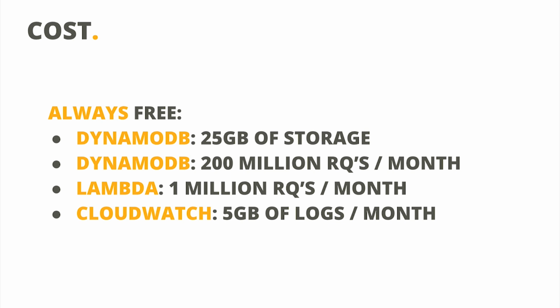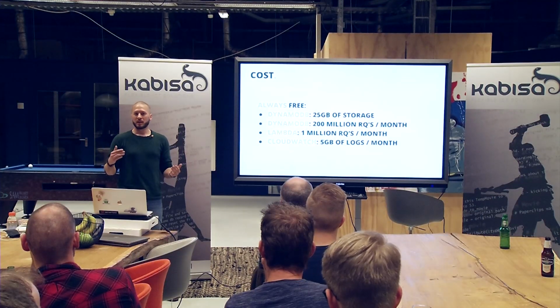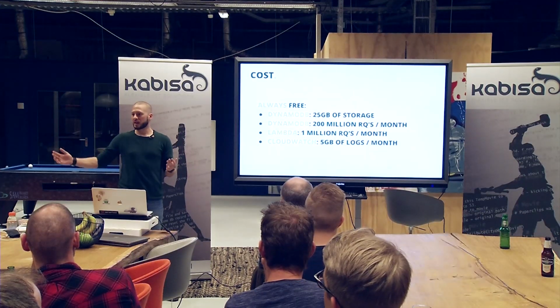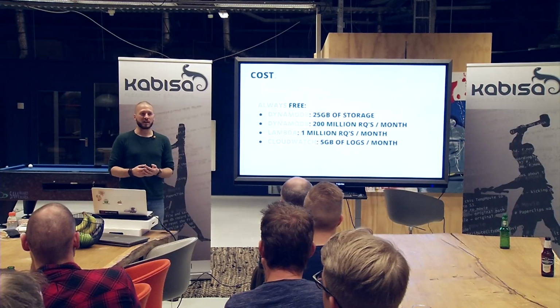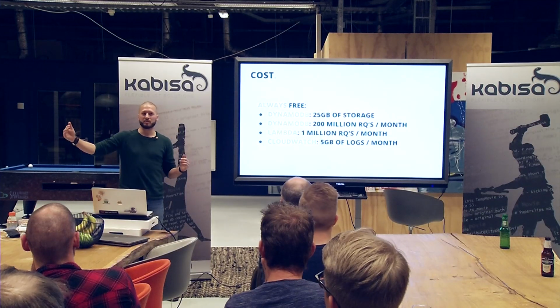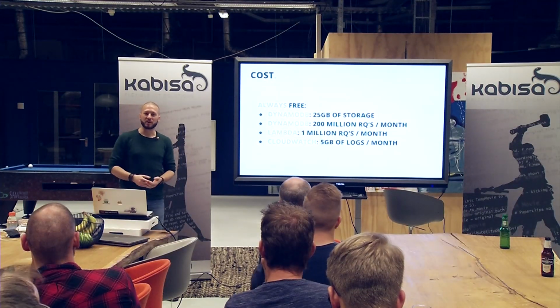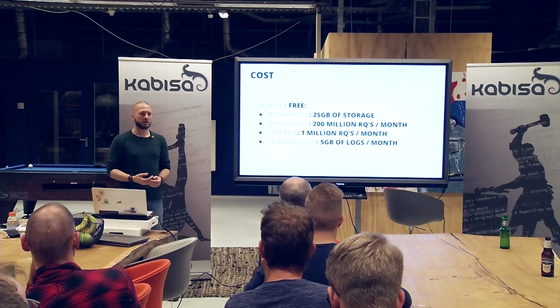200 million, that's really a giant amount of requests. And of course, if you have an application that has 50 DynamoDB tables and it's used a lot, and every request has to get some data from that table and some data from that table and so on, then maybe every request does maybe 30 DynamoDB requests. So then it's going to go a bit faster.